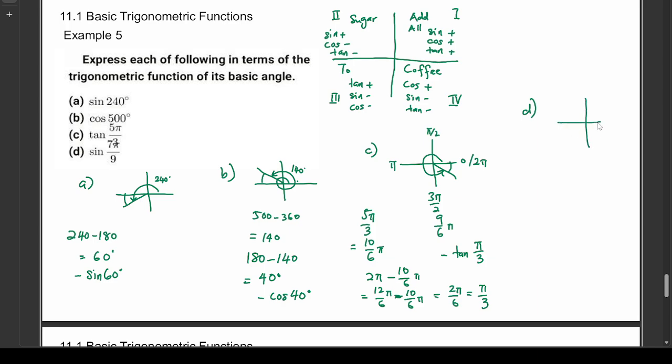And D, same thing. This is 3 pi over 2. This is 7 pi over 9. So this looks like less than pi. But let's use a common denominator, you can get 18 just to double check.